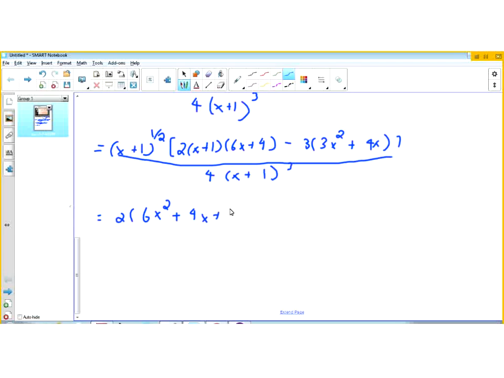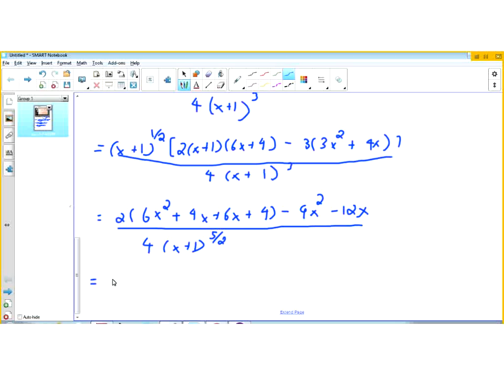Plus 4x plus 6x plus 4, minus 9x squared minus 12x, divided by 4 times x plus 1 to the 5/2.